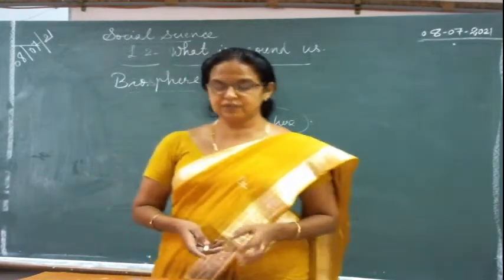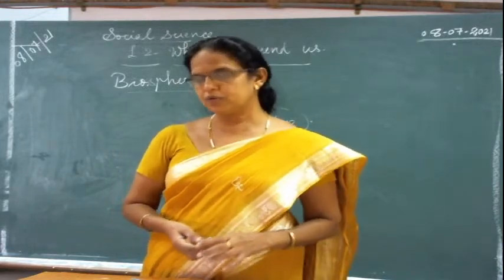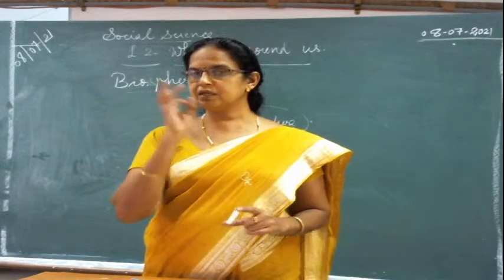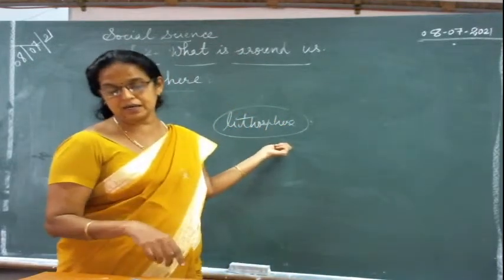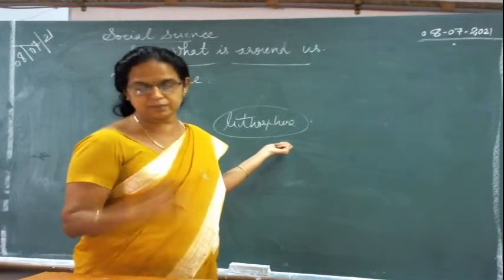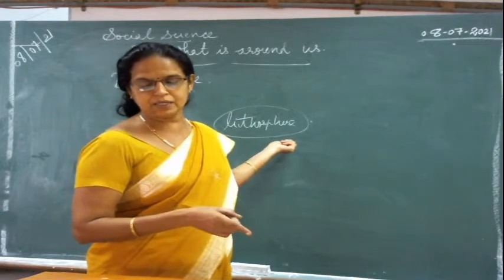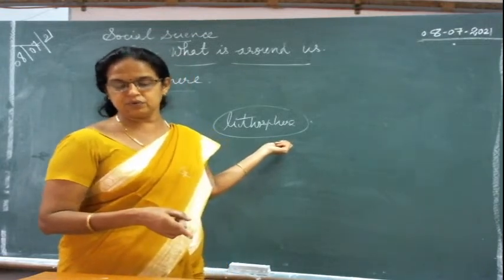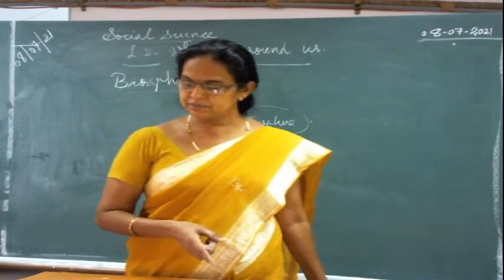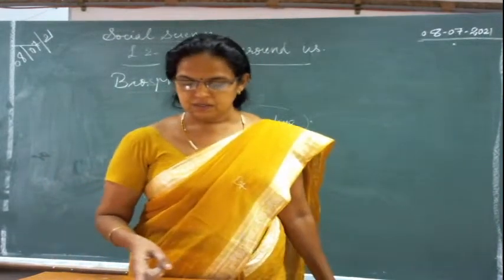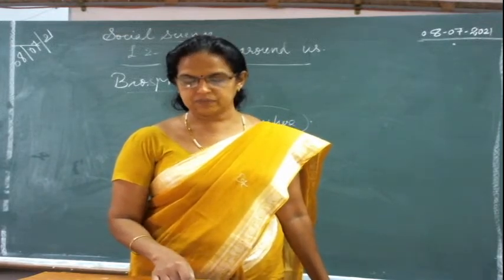So this excessive drilling to get water and crude oil also affects it. So two or three points are given there. How is the lithosphere affected? Underline: number 1, underground nuclear testing. Number 2, too much drilling for mineral oil and excessive drilling of tube wells. Okay? Underline. So it affects the lithosphere and causes imbalance.